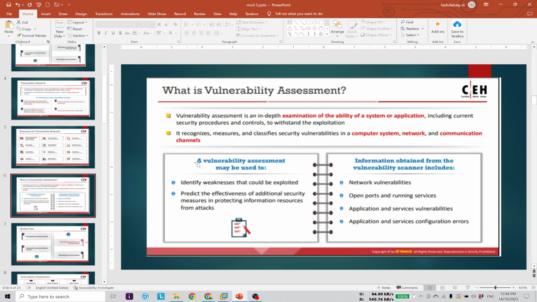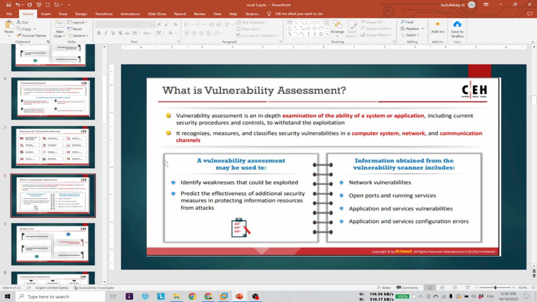Let's see what is next available. A vulnerability assessment may be used to identify weaknesses that could be exploited. So we can find out the weaknesses which can be exploited, and later we can fix them.